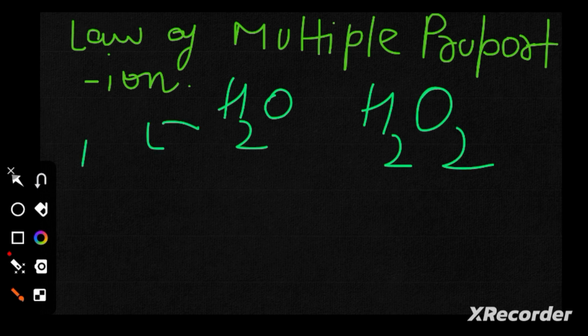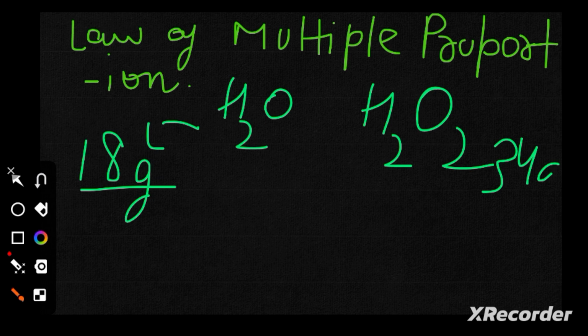Let's say the mass of this water is 18 grams and this one is 34 grams.